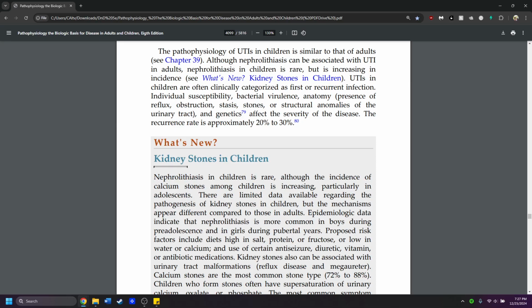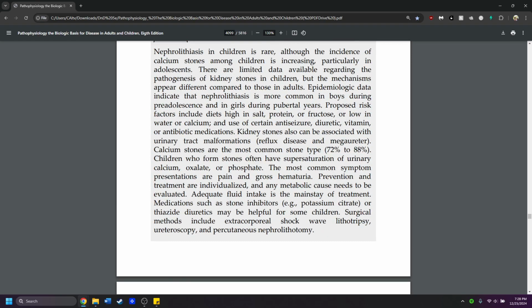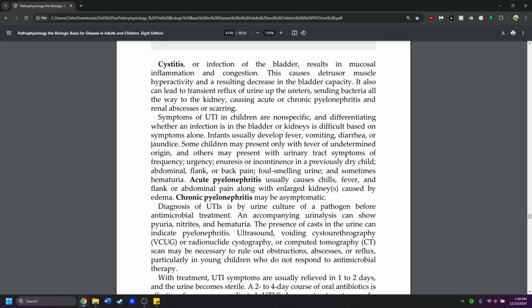UTIs in children are often clinically categorized as first or recurrent infection. Individual susceptibility, bacterial virulence, anatomy, and genetics affect the severity of the disease. The recurrence rate is approximately 20 to 30%. Cystitis, or infection of the bladder, results in mucosal inflammation and congestion.